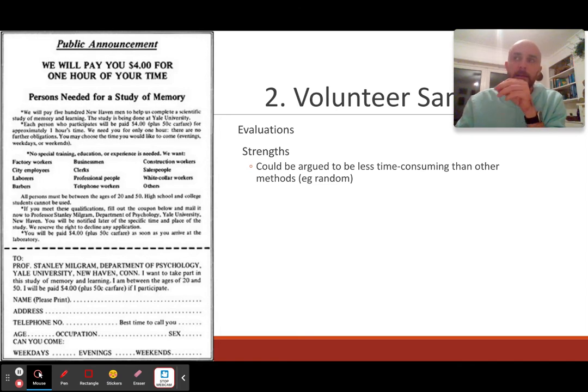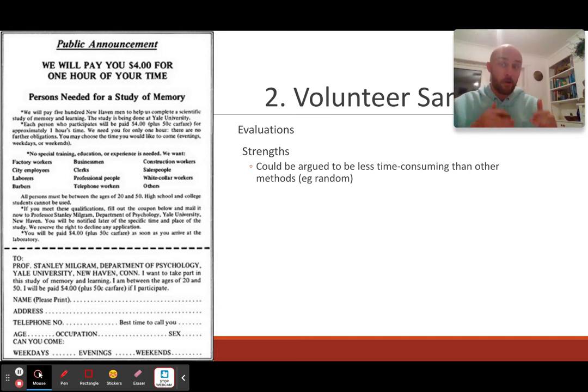Another strength, by the way, is people tend to be quite willing to take part once they have volunteered. So they already have the time. Almost everybody that comes to you probably has the time to take part in the study. Otherwise, they wouldn't have volunteered.